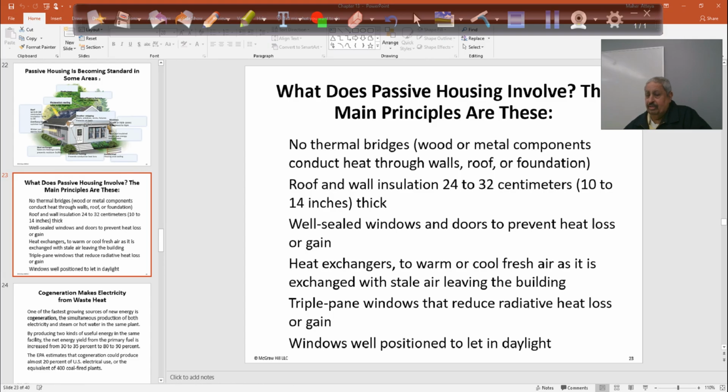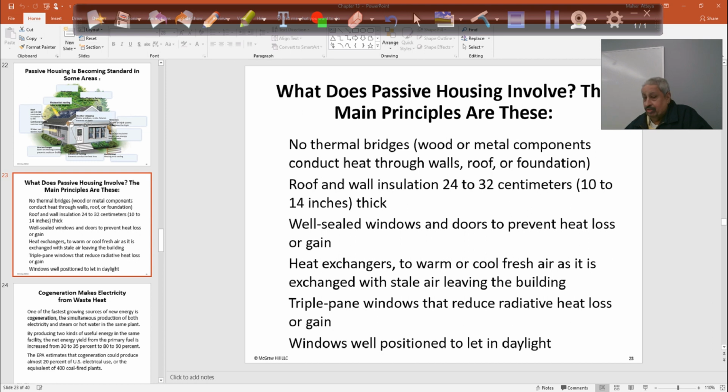What does passive housing involve? The main principles are, as I said, there is no exchange of heat. The heat will be maintained within the house. It's not going out. So you have to have special glass, not the normal silica we have here. You have special wood. You have all this special material that really will not let the heat get out.